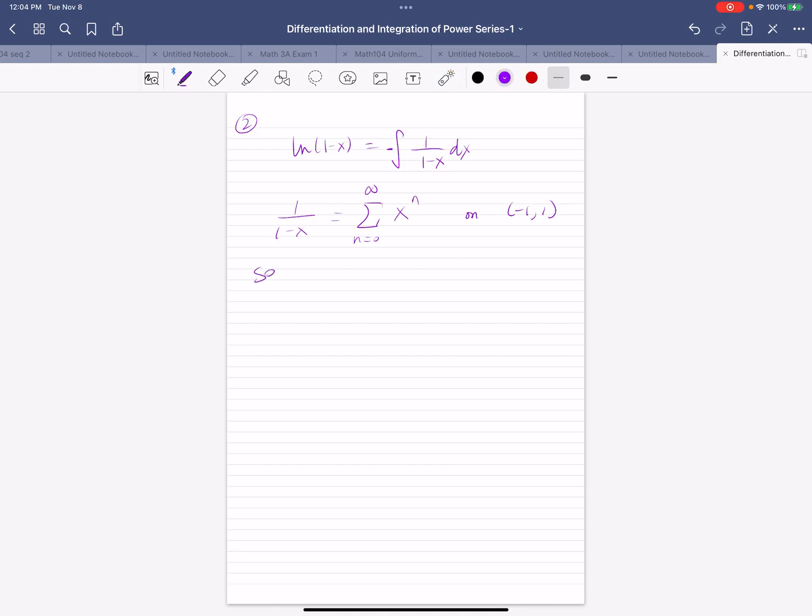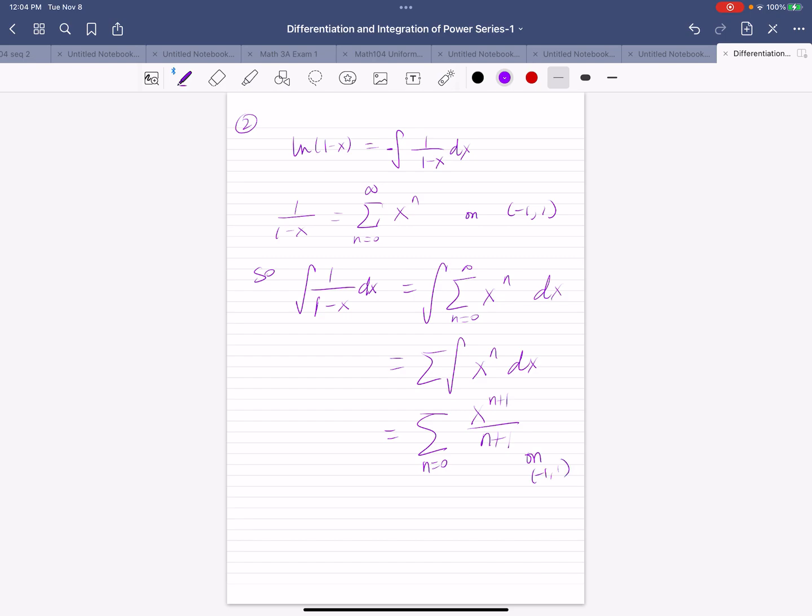So I'm going to use term by term integration to say that the integral of 1 over 1 minus x dx is going to be the integral of the sum here. And that will be the sum of the integral, which is x to the n plus 1 over n plus 1. When we integrate, we keep the same starting index, and it should be valid on negative 1 to 1.